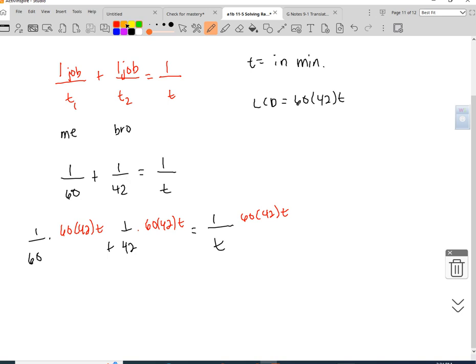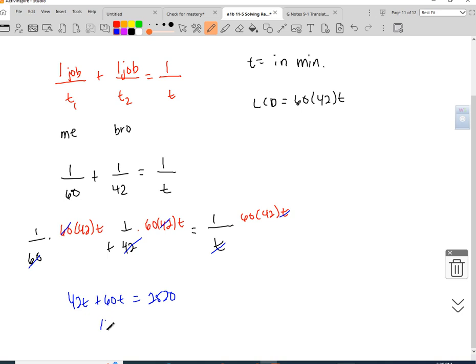Now we're going to go through and cancel like we've been doing. So this cancels, and that leaves us with 42t. This cancels, and that leaves us with 60t. The t's cancel, and that leaves us with 60 times 42, which is 2520.